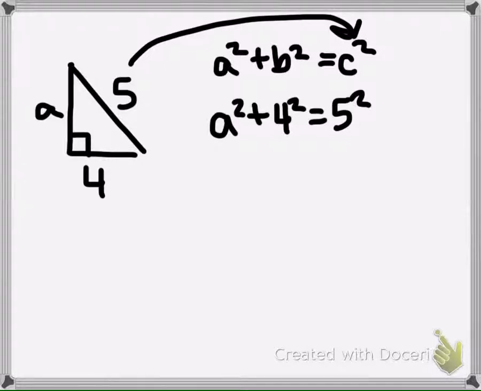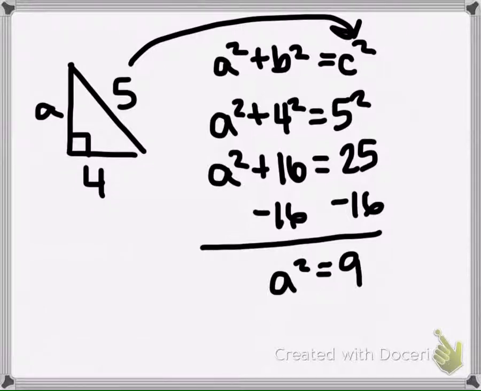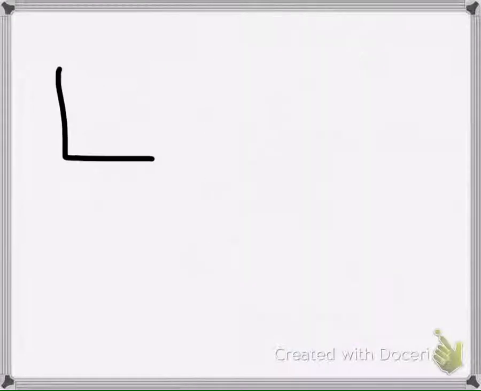This is a huge common mistake that is made. 4 squared is 16 and 5 squared is 25. Then we just solve for a by subtracting 16 on both sides and getting a squared equals 9. To get a, we need to take the square root of both sides, and we get a equals 3.